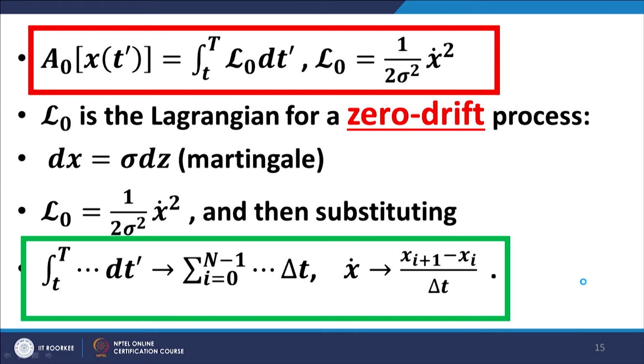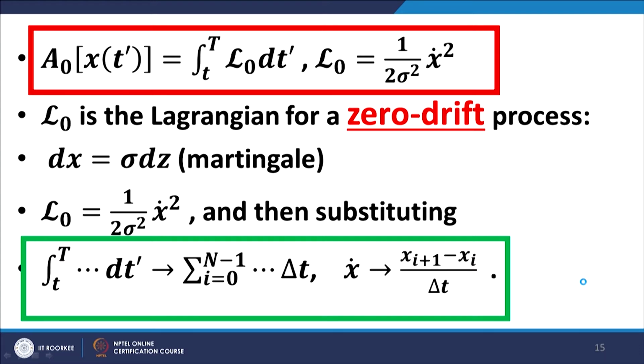L0 is the Lagrangian corresponding to the zero drift Brownian motion or zero drift process, which is given by the expression here: dx is equal to sigma dz, where dz is the infinitesimal Brownian motion increment, which we have been denoting so far by dw. So, dx is equal to sigma dz.